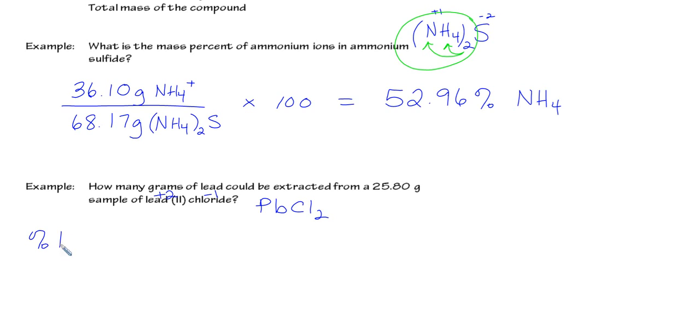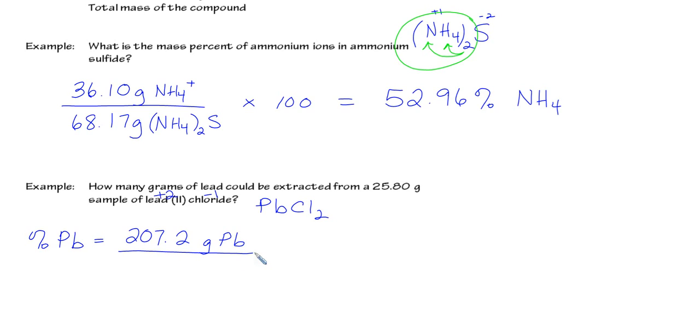Percent lead. So I look up lead on the periodic table. 207.2. My periodic table really only leaves 1 decimal spot for lead. So I'm okay there. Otherwise, I'd go at least 2 decimal spots on any molar masses.